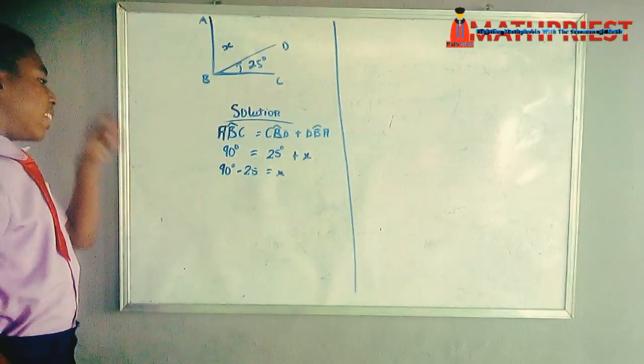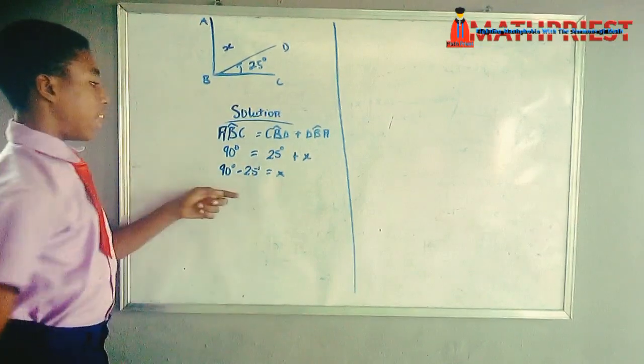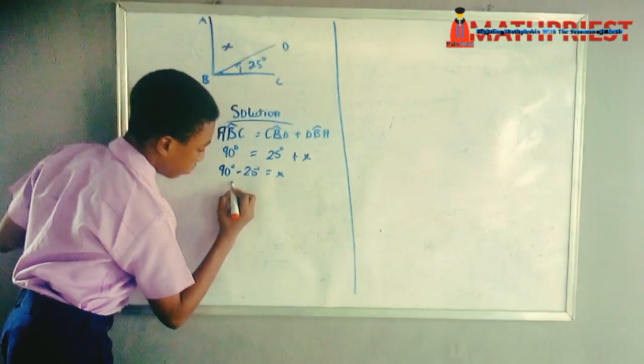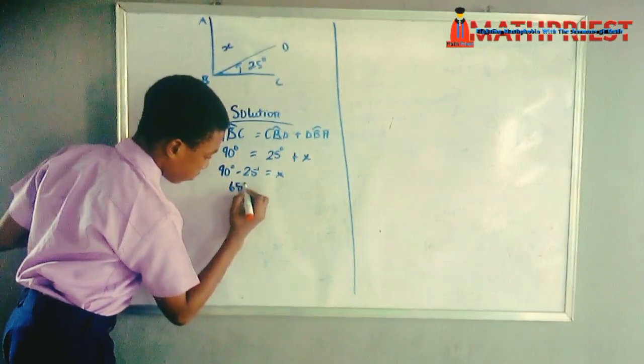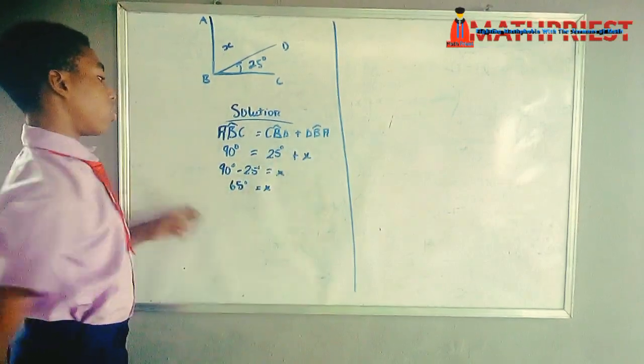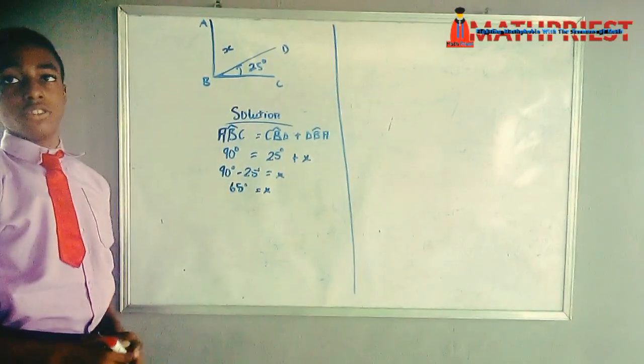So we say 90 degrees minus 25 degrees, that is 65 degrees. So angle DBA equals 65 degrees.